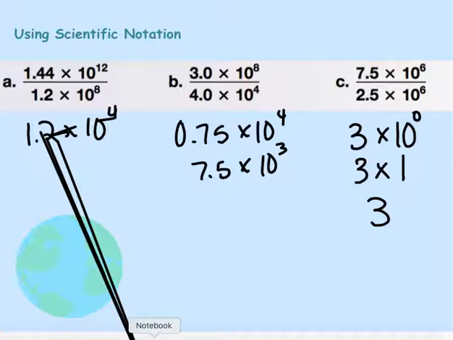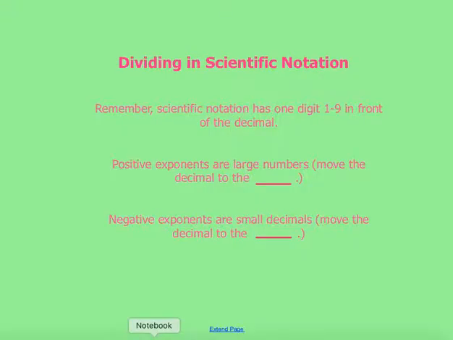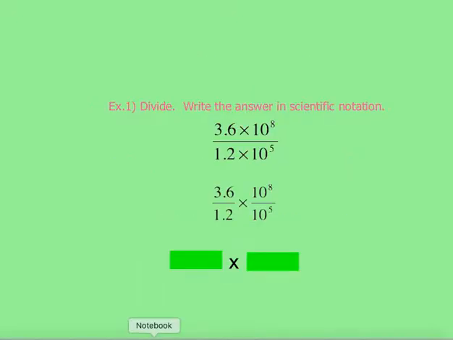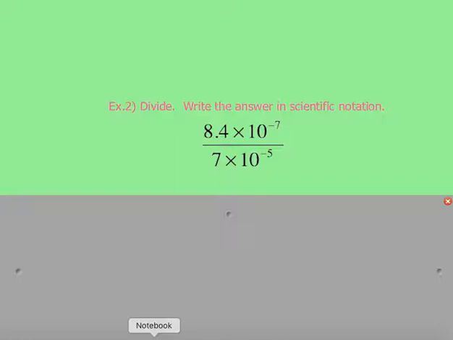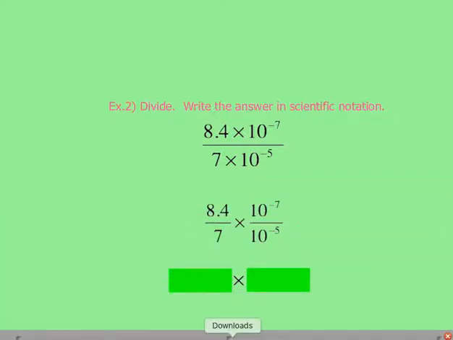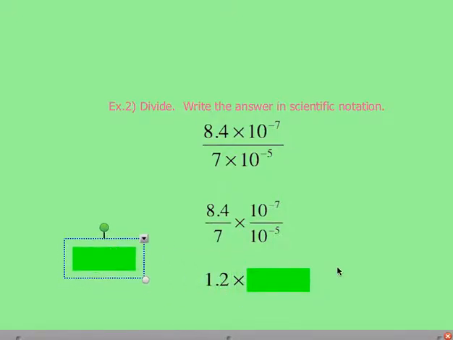Okay. So let's look at some that don't have normal exponents. So like this one, I am going to divide 8.4 divided by 7, and I'm going to divide 10 to the negative 7th divided by 10 to the negative 5th. So I do that and say, well, 8.4 divided by 7 is 1.2.